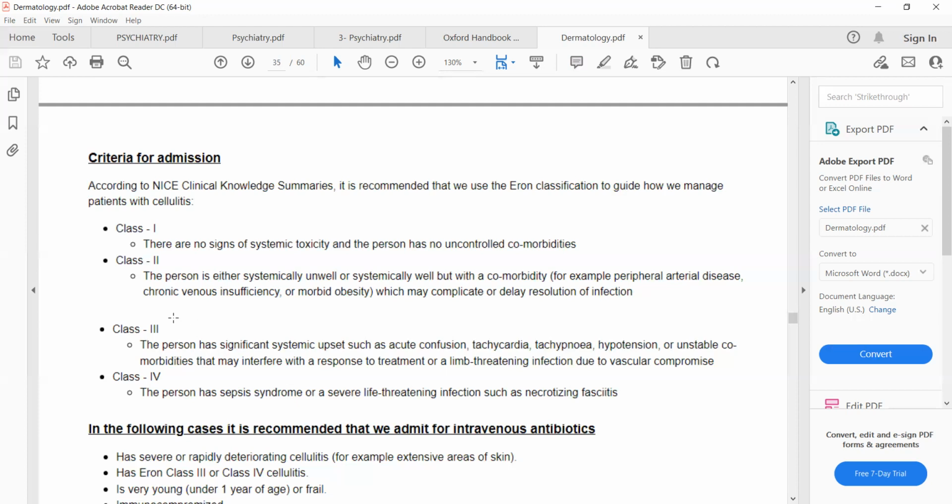But if both of them are present, then it will be known as class 3 cellulitis. Such as if the person has systemic upset such as confusion, tachycardia, tachypnea, hypotension, or unstable comorbidities. If both of them are present, then it will be known as class 3 cellulitis. And class 4 cellulitis is when the person has sepsis syndrome.